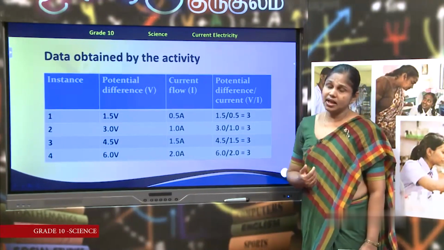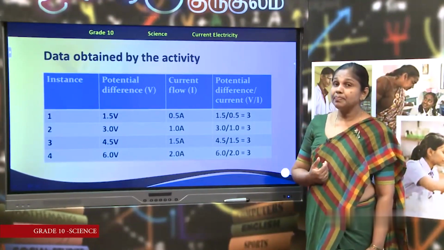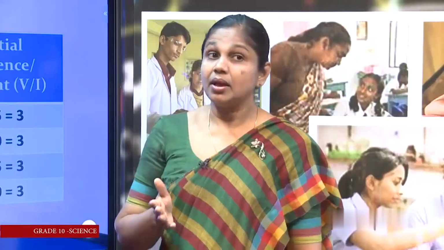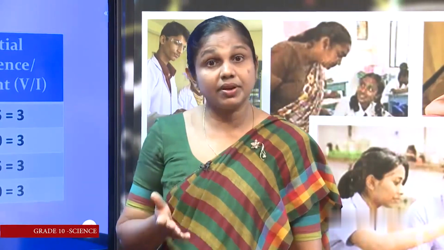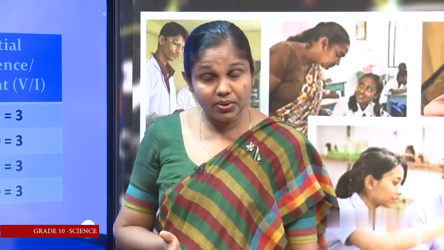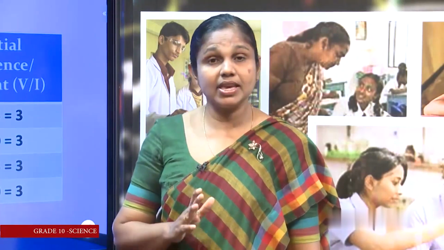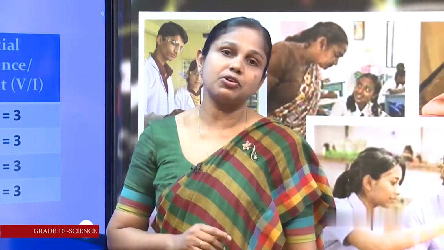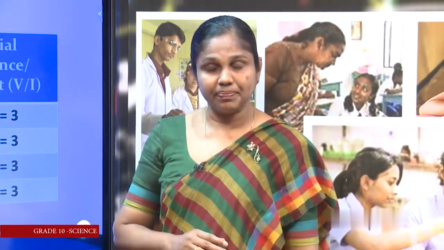Why does this come, children? George Simon Ohm found that this ratio between potential difference and the current flow, that means the ratio between V and I, is always a constant, and this constant value is equal to the resistance of the nichrome coil, or the resistance of the conductor.